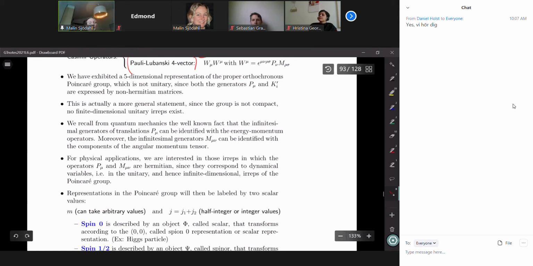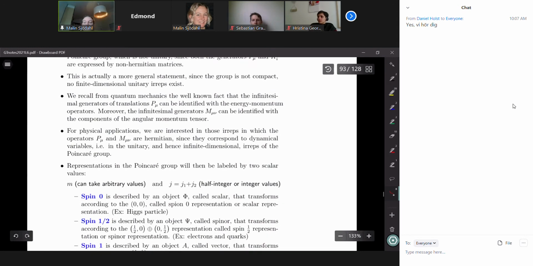So the mass is one of them. Mass is a Lorentz invariant, or mass squared is Lorentz invariant. It's the same statement. So that is used to characterize transformations of the Poincare group, and also spin is used to characterize the representations.